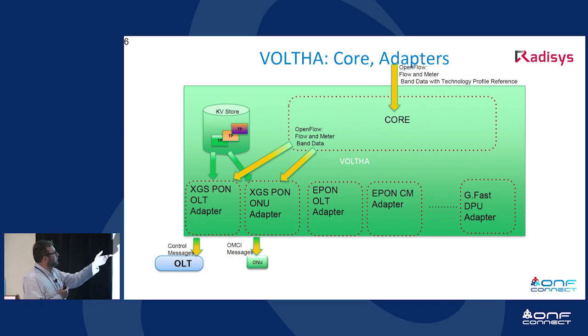So the core passes down the OpenFlow flow definition and meter band data, and the adapters go and grab the technology profile that's referenced in the OpenFlow messages. Then that set of information is combined to both configure the OLT in terms of queuing, scheduling, both upstream and downstream, and also to define the OMCI messages that Chip was just describing to send down to the ONU itself over the OMCI.